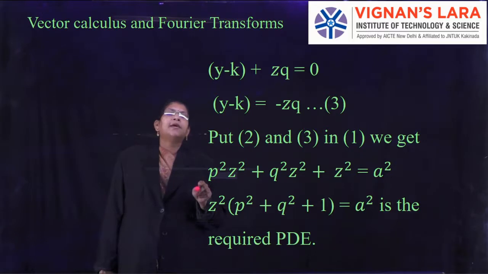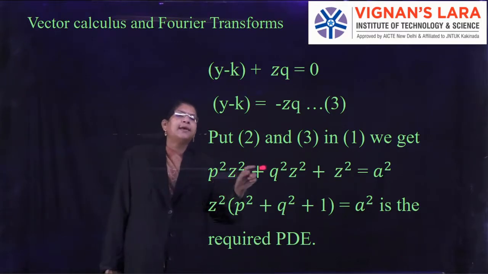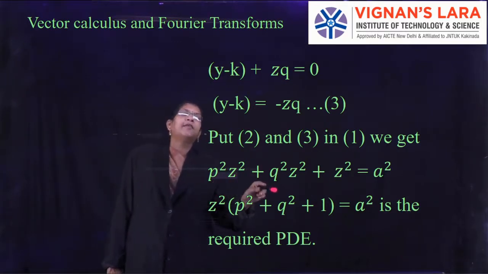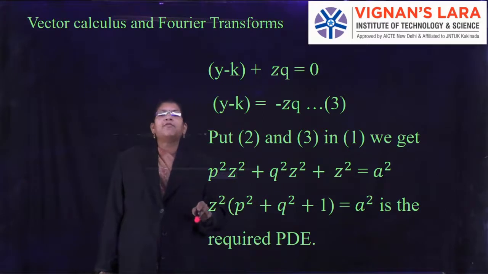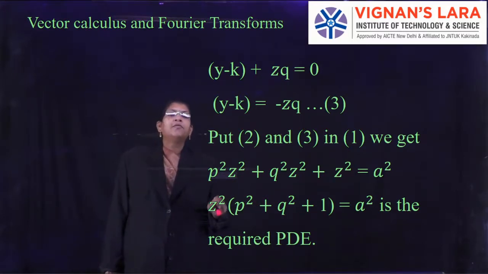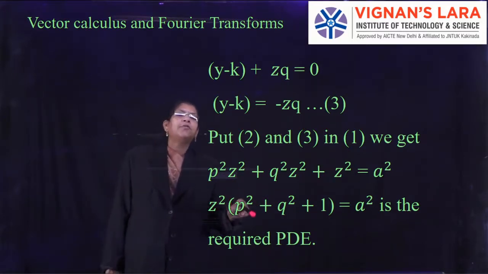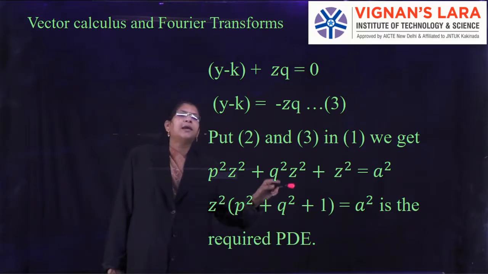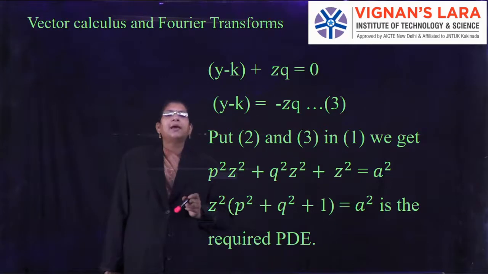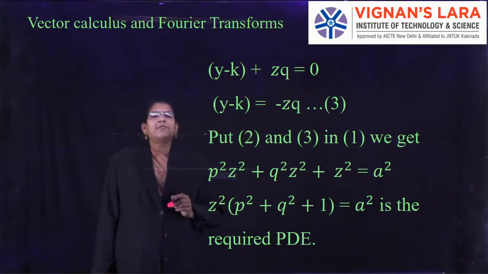What is equation 1? (x − h)², that means (pz)², plus (y − k)², that means (qz)², plus z² equal to a². Now you can write z² as common. z²(p² + q² + 1) = a², which is the required partial differential equation.